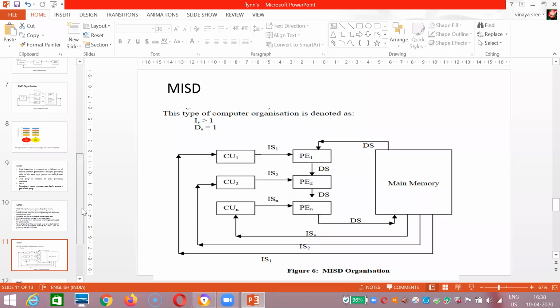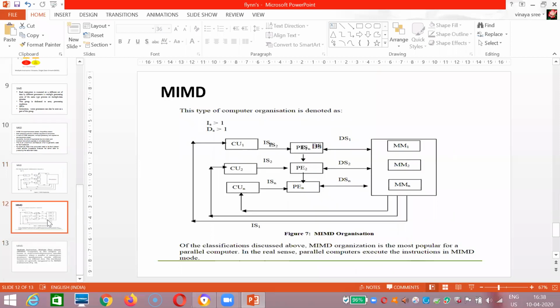Now coming to the main one, which is very important: multiple instruction, multiple data. In multiple instruction, multiple data, you will have multiple instructions and multiple data. To execute multiple instructions, you have to have multiple control units for decoding, and multiple data means you have to have multiple memory modules.